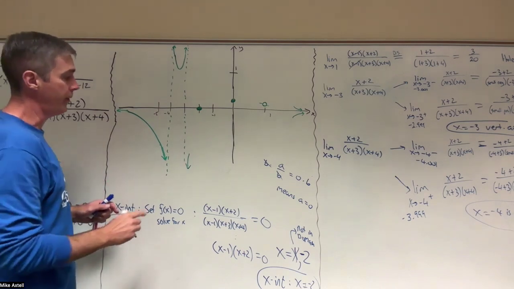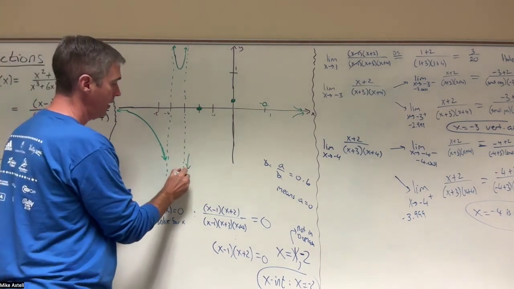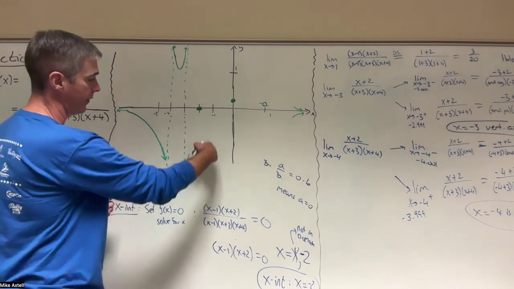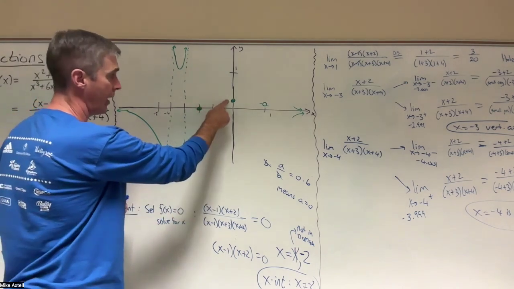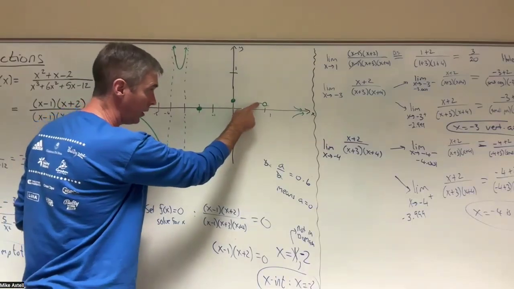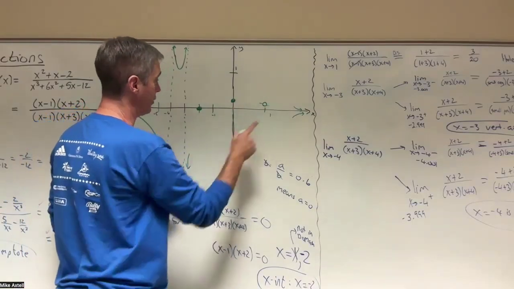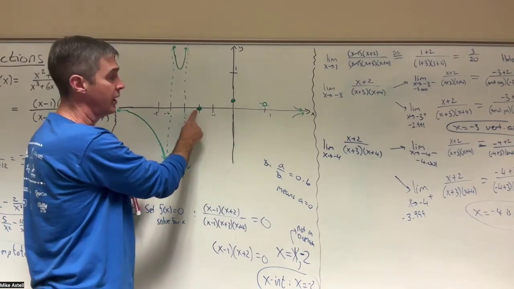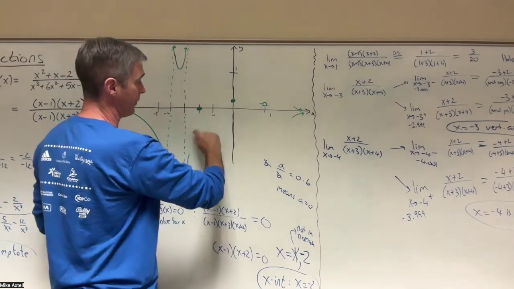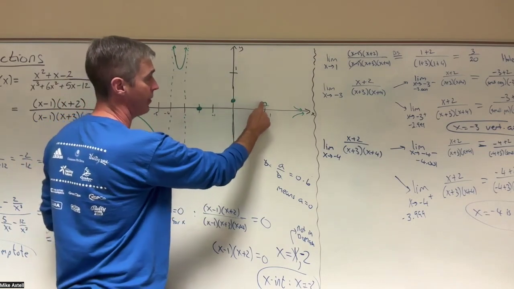All right. And then the other side of -3, I've got to be zooming down, but then I've got to hit my x-intercept, my y-intercept, my hole, and one of these two end behaviors. And the only place I'm allowed to cross the x-axis is at -2. So I think it looks like I'm going to cross the x-axis and stay above it.